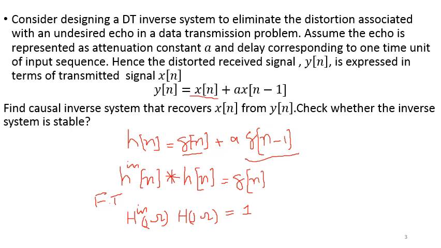Now we need to find the H inverse, right? To find H inverse, because H of j omega is multiplied here, if I shift it to the other side, it will be divided.